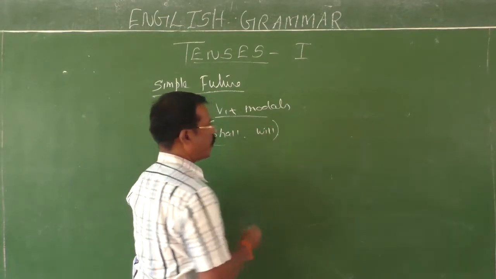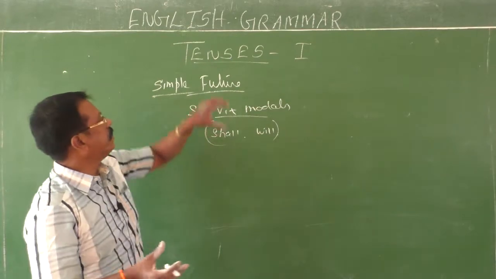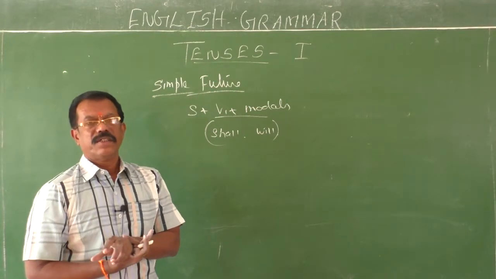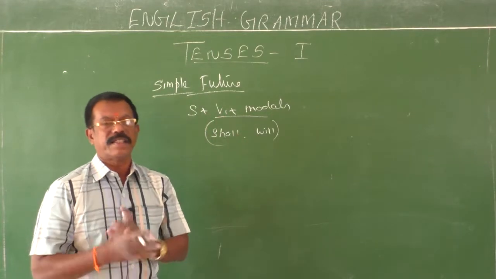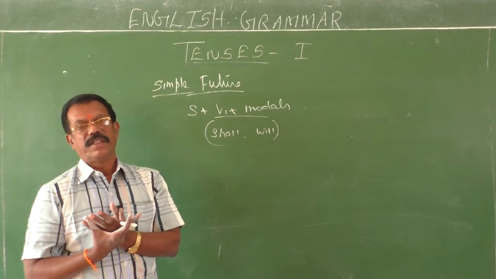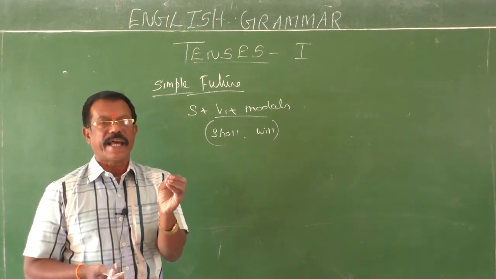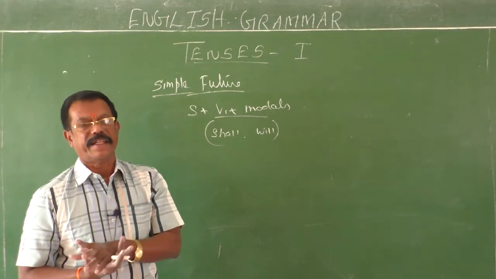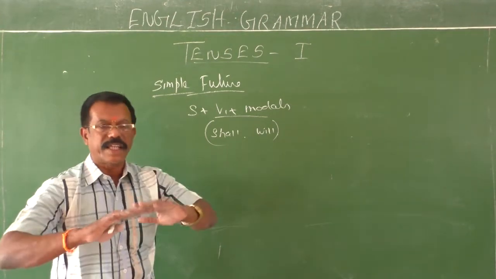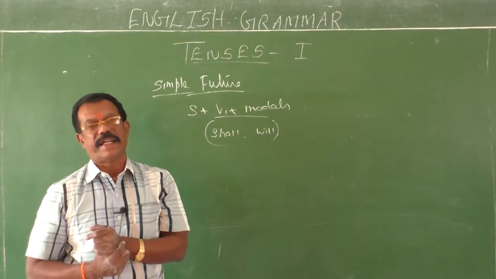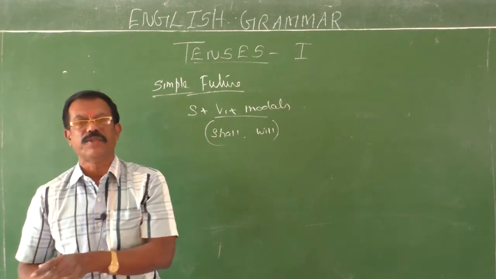We use these modals shall and will to make sentences in future. Okay, so with shall and will, we use V1, that is the base form of the verbs. So to frame sentences, what's future tense? It refers to an action yet to be taken, or it refers to an action yet to be completed. It refers to an action that will take place in the near future. It refers to an action that is planned to complete in future.